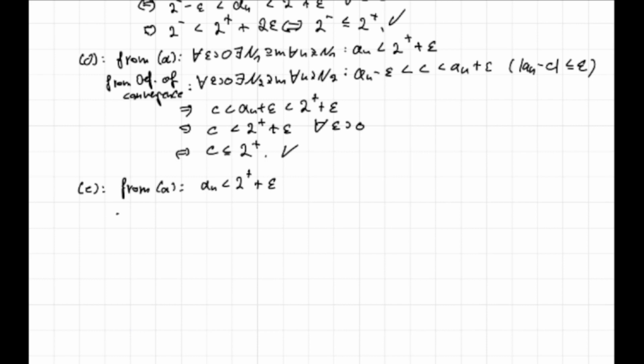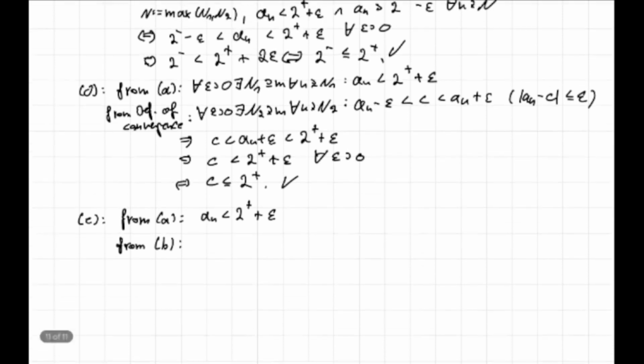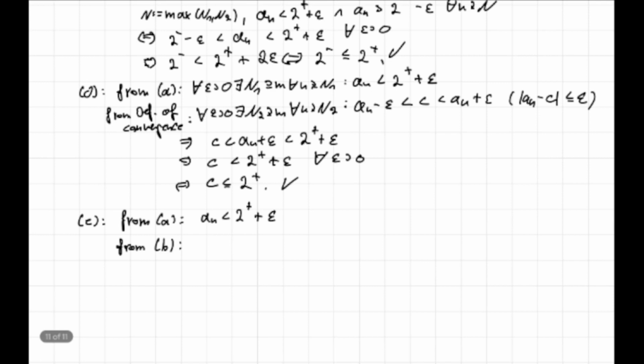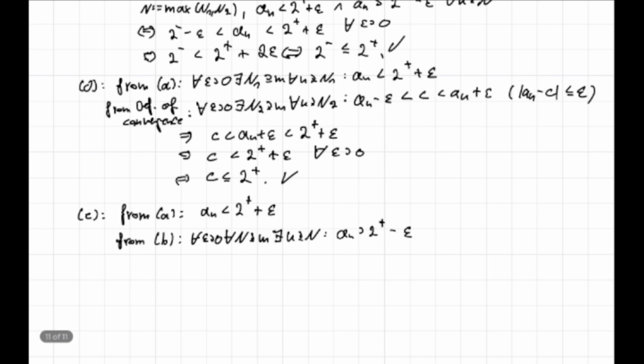And from B we know, but I will write it shorter because we have different quantifiers, in different order. We know that for all epsilon greater than 0 and for all n greater than m, there exists an n greater than n such that an is greater than L plus minus epsilon. Okay.